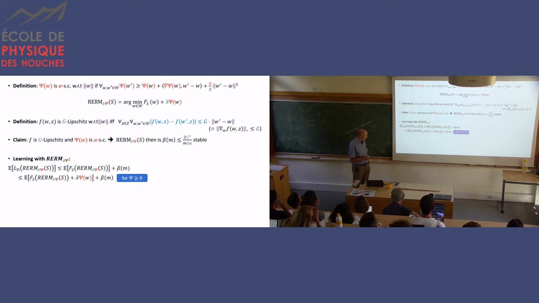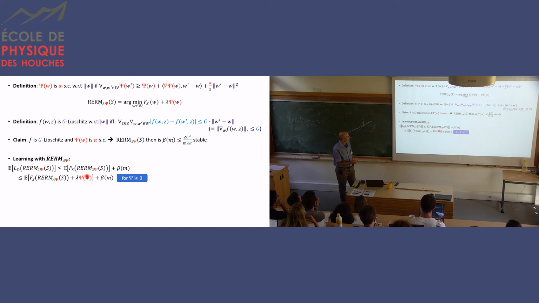And now I know that my regularized empirical risk minimizer actually minimizes exactly the sum of both of these terms. Okay?